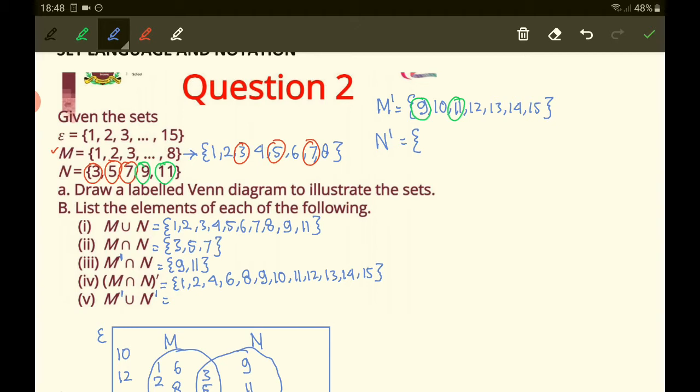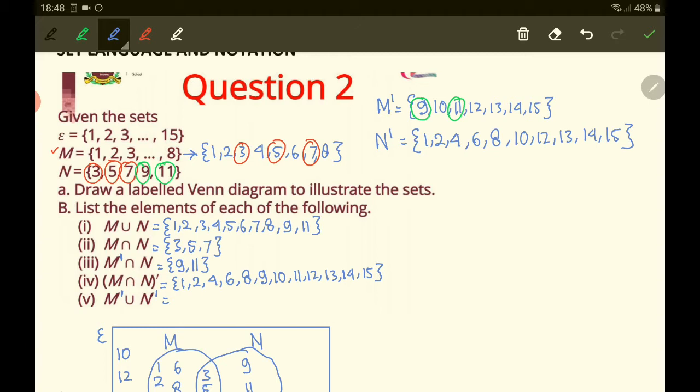Okay, so we can list down the N complement: 1, 2, skip the 3, and then 4, 5, skip 6, and then 8, and then 10, and then 12, and then 13, 14, and then 15. So this is N complement.